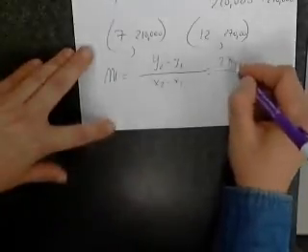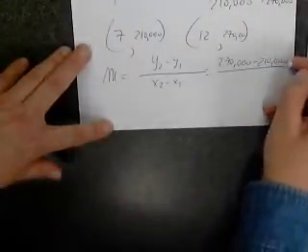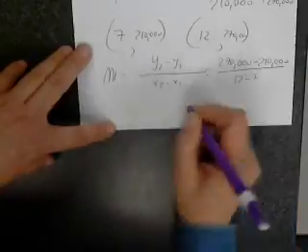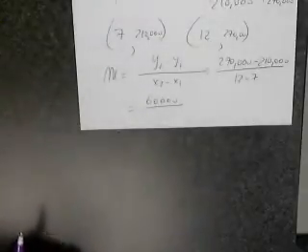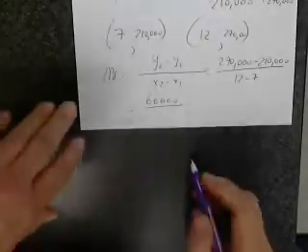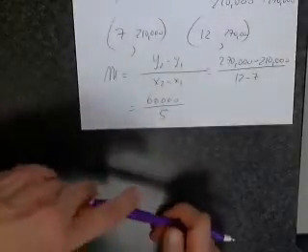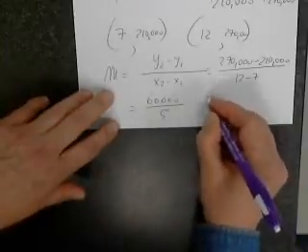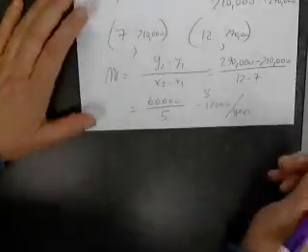Very good. Minus, over. Excellent. 270 minus 210 is 60,000. And 12 minus 7 is 5. 60 divided by 5 is 12. So 12,000. Measurement unit, 1,000 per year.